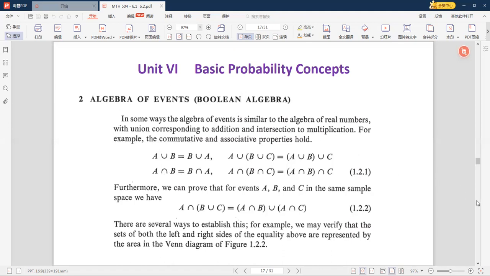So this is one thing we can use when we try to simplify expressions involving sets or events.